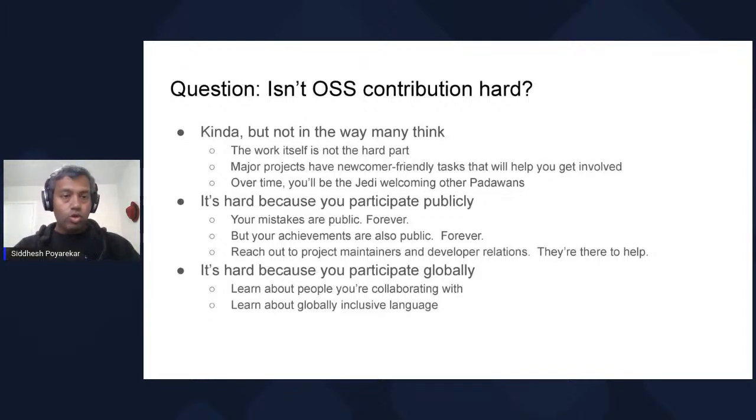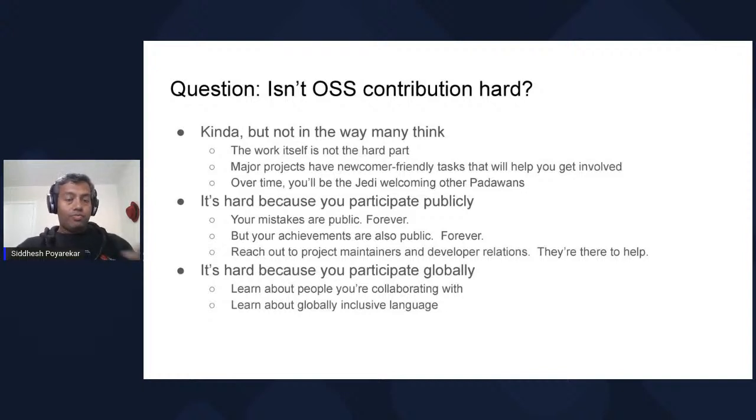Learning about globally inclusive language, for example. Like in India, things like blacklist and whitelist don't matter because those words mean nothing to us, right? But if you look at it from the global context, especially from an American context, that has a very specific meaning which alludes to racial profiling.